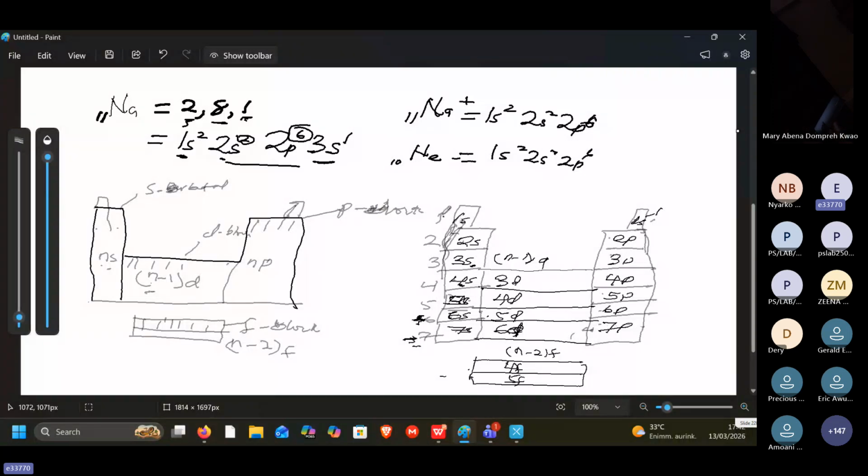So if I'm going to be writing the electronic configuration for sodium, which is number 11, I just put neon there. And then I know that after this, I'm going to go to 3s, and then 1. So this is a condensed way.